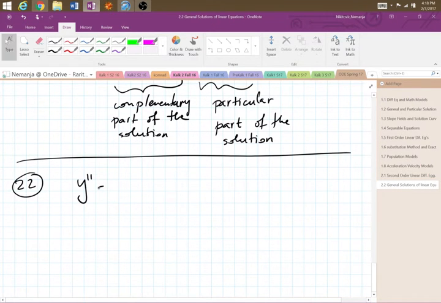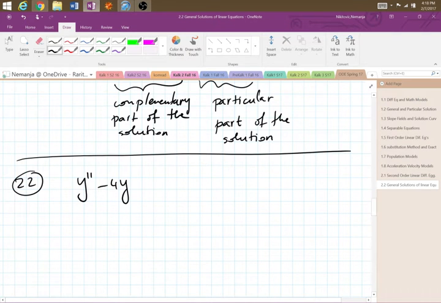y double prime minus 4y is equal to 12. y of 0 equals 0, and y prime of 0 equals 10.